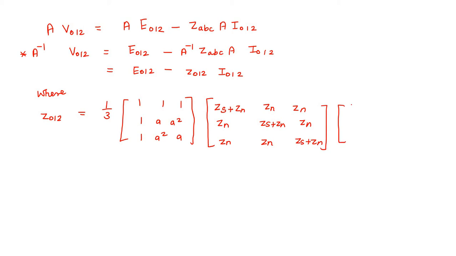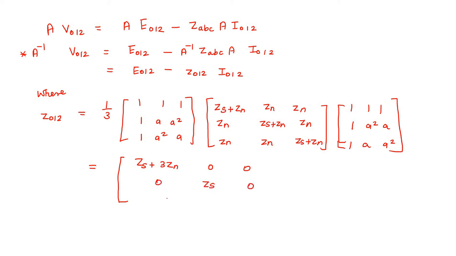And then you have to write 1 1 1 1 A square, then A, next 1 A square, that is A. Afterwards, performing the above multiplication, we'll get the value Zs plus 3Zn, here 0 0 0 Zs 0 0 0 Zs.